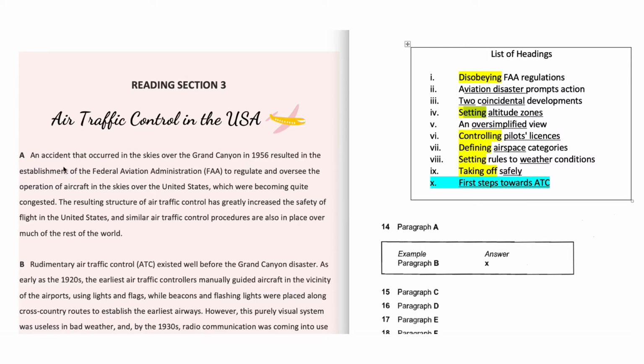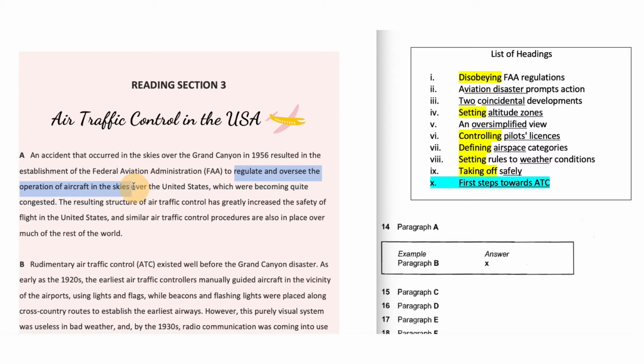Now, if we read paragraph A, which we read at the beginning of this video, we read that there was an accident over the Grand Canyon in 1956, and because of this accident, the FAA was established. Why was it established? To regulate the operation of aircraft in the US skies, which were becoming quite congested.